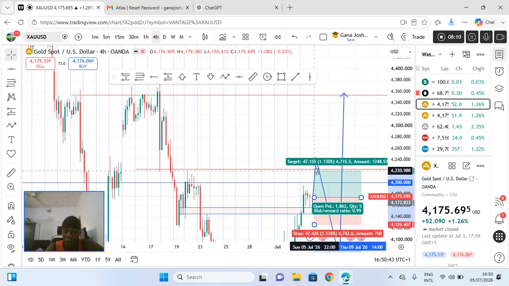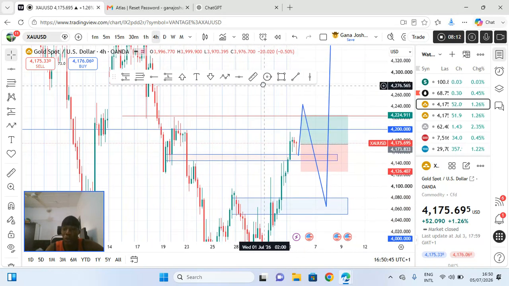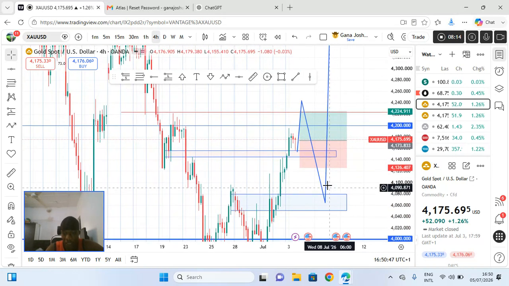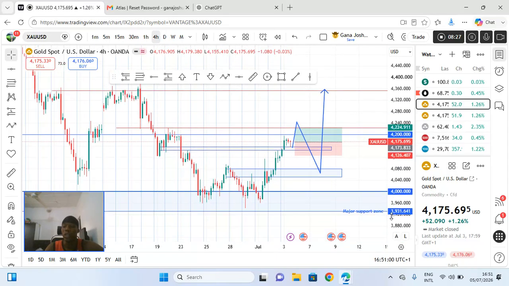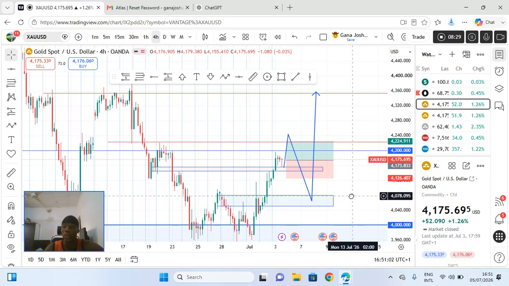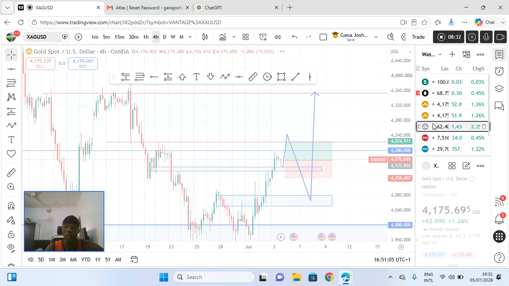So with the current pressure I'm seeing on gold, this retest might likely not happen, though that would be the right thing to happen. But when there's too much pressure, price picks up from the nearest available support it can see and continues to the upside. So that's what I see on gold happening.